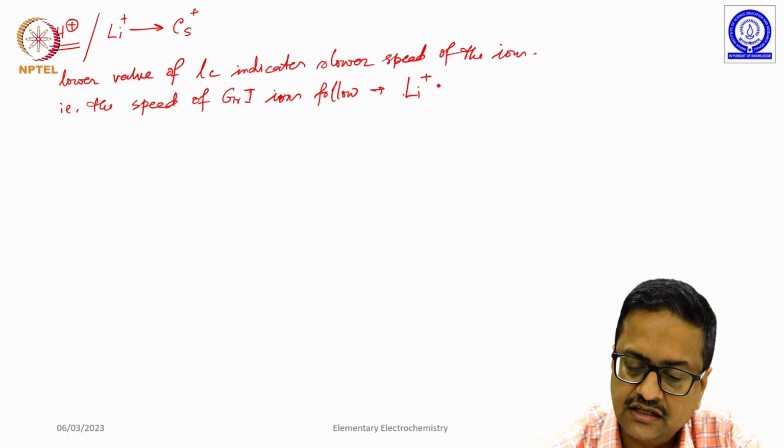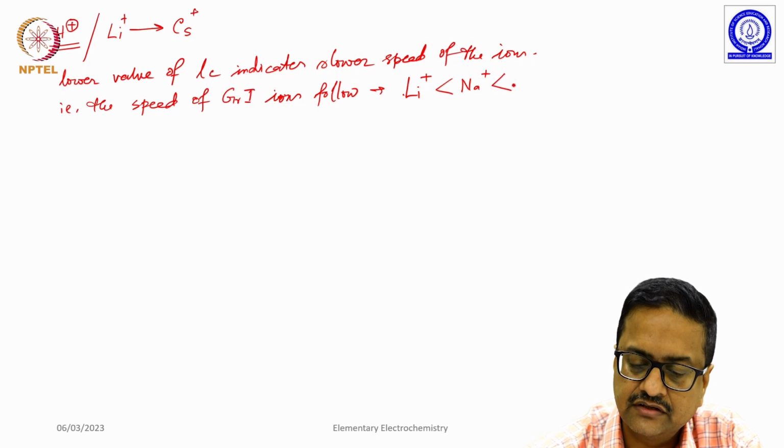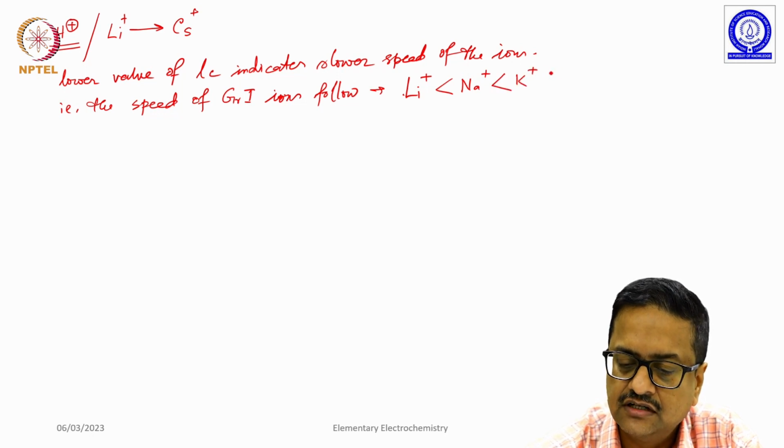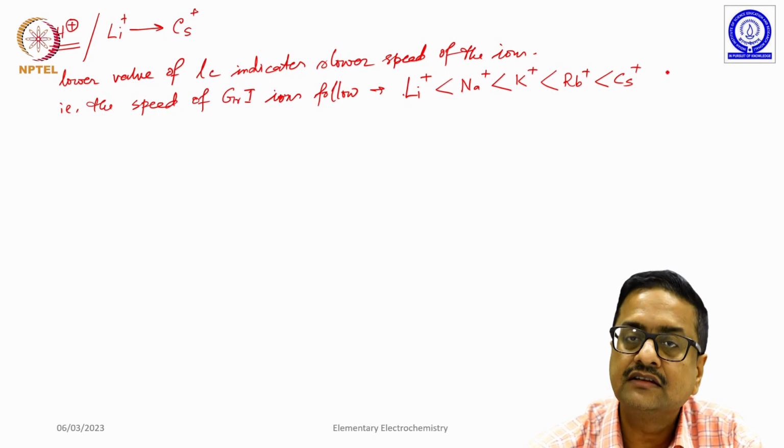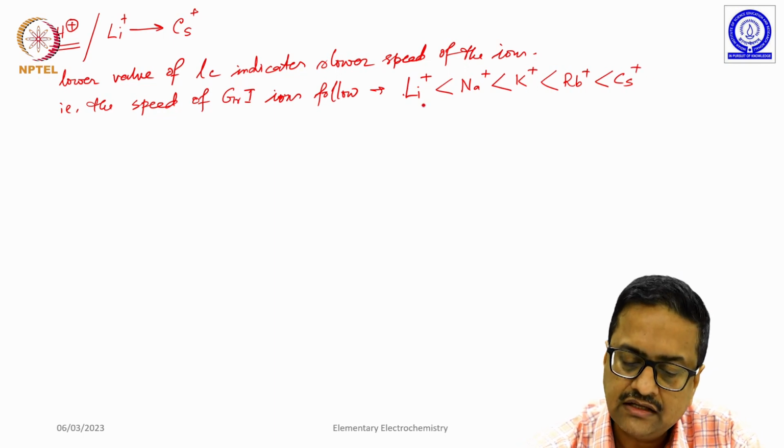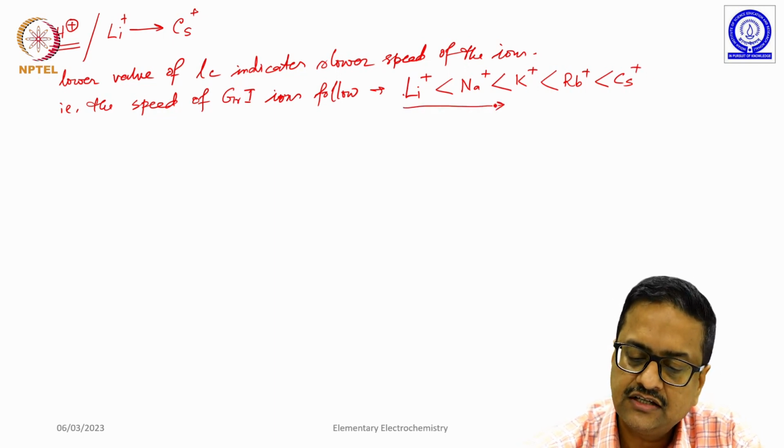Lithium plus is the lowest, then Na plus, then K plus, then rubidium, and then Cs plus, right. So, why does that happen? Why does the speed continuously increase?